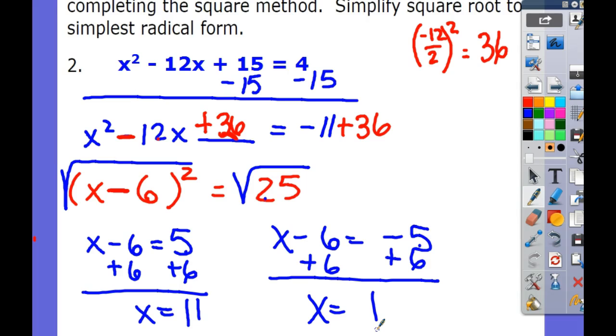There are two x-intercepts to a parabola usually. How could I possibly only get one answer? Sometimes there is only one x-intercept. I'll let you think about it. How could you come up with just one answer?